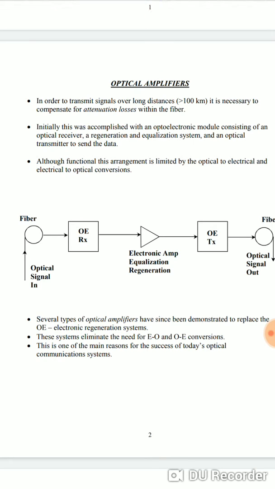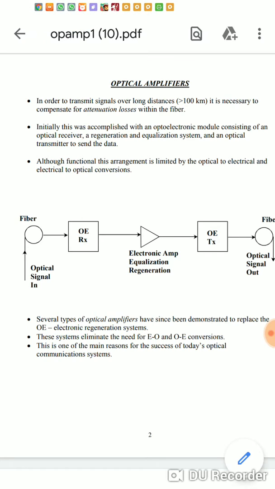First, whatever the input optical signal is, you have to convert it from optical into electrical signal form. Then the electrical signal is amplified with the help of an electrical amplification process. Then the amplified electrical signal is again given to the electrical to optical conversion, and then we get the optical amplified signal at the output. So the basic process is like that.